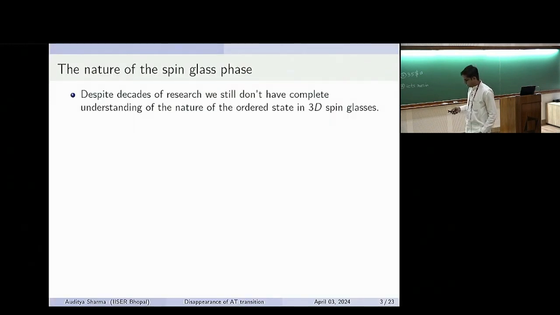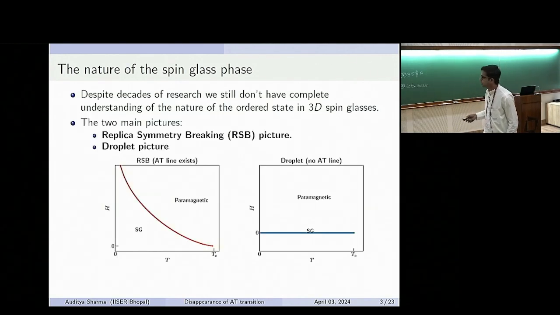Okay, so the nature of the spin glass phase, despite several decades of research, is still controversial. There are two main theories which are posited. One of them is the so-called replica symmetry breaking theory, for which Giorgio Parisi won the Nobel Prize.